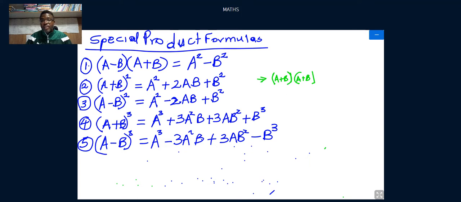So the exponent 2 tells us that the base A minus B must replicate itself. So you open two sets of brackets. Inside them, you write a minus b and a minus b. You use the FOIL method, the one that we did on the previous slide.